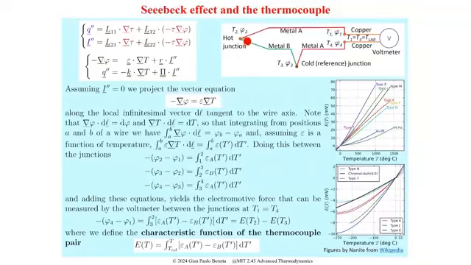Now, we are doing it. The thermocouple has to have two different materials, so two different conductors. Here we call it A, and here B, that are joined with a good conducting junction here and here.